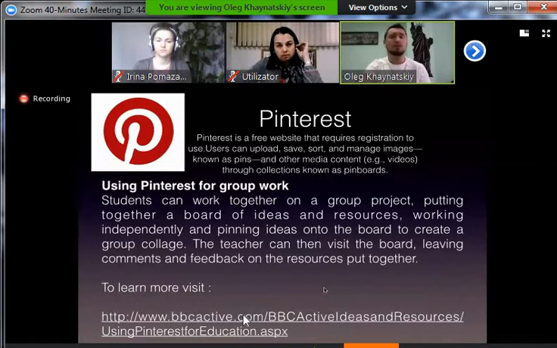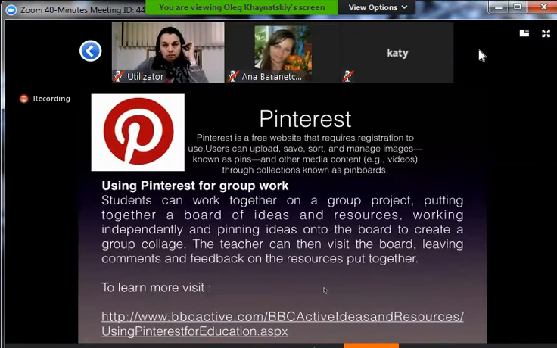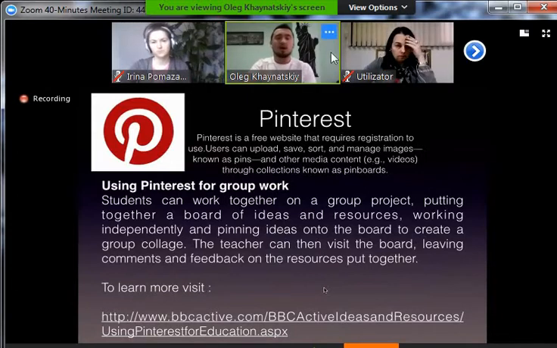So students can work together on a group project, putting together a board, because as some of you might know, Pinterest calls their workspace a board. So you can use a board of ideas and resources. They can work independently, pinning ideas onto the board to create a group collage.